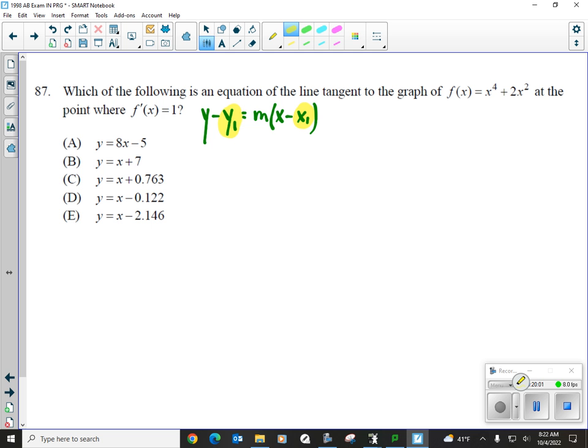We need an x and a y, and we need a slope. Slope is usually the hardest thing to get, but they give that to you. The derivative is the slope. We don't have x1 and we don't have y1, okay? We need these two.